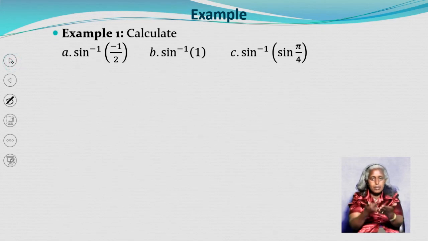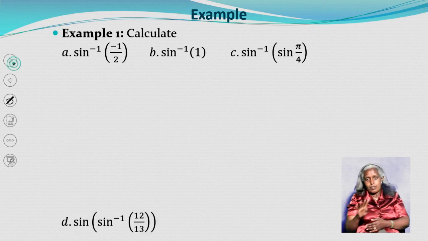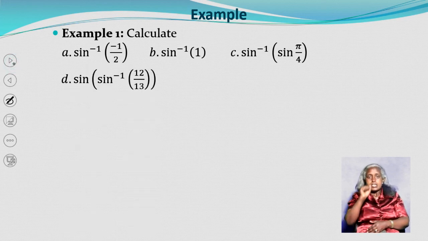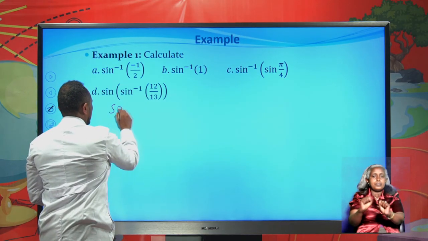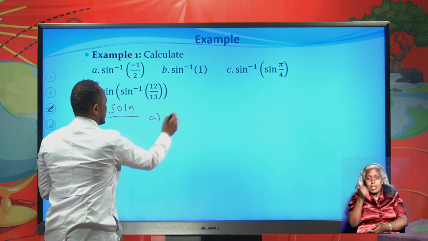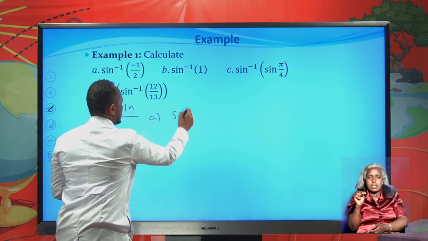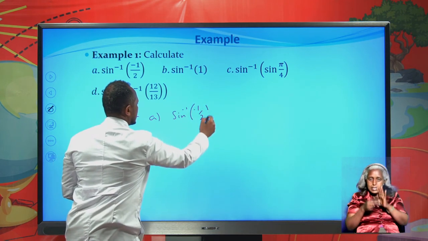Calculate sine inverse of negative 1/2, sine inverse of 1, sine inverse of sine pi over 4, and sine inverse of 12/13. Solution for A: sine inverse of negative 1/2.